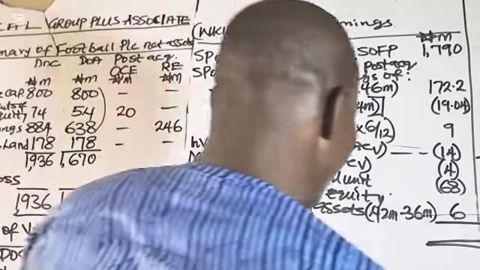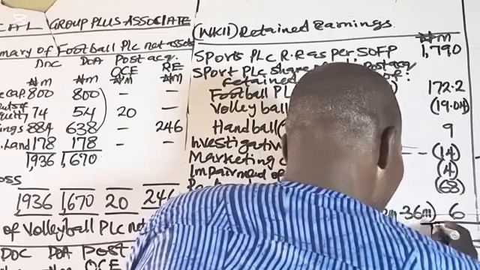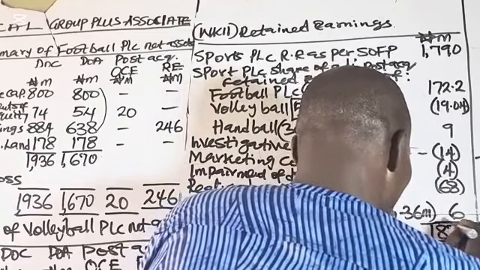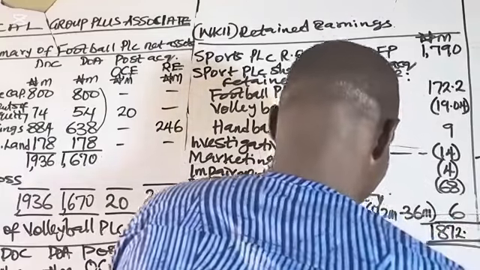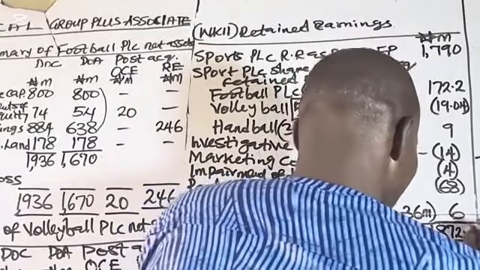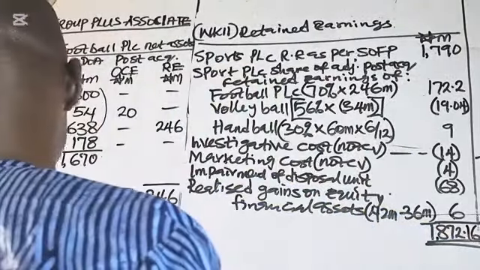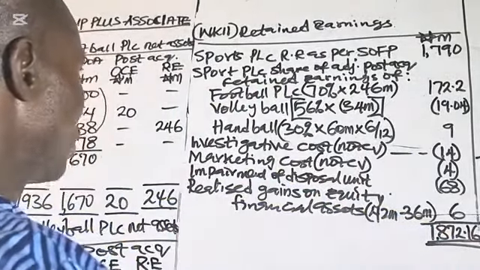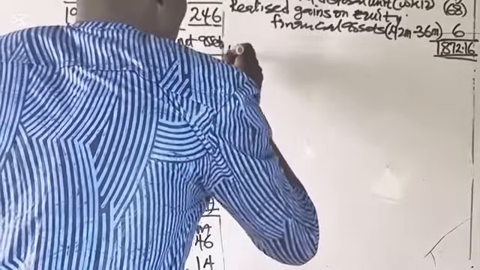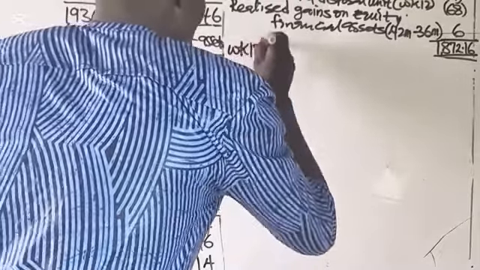So we have 1872.16. So this will be recognized in the consolidated statement of financial position. Note 13, working number 13.